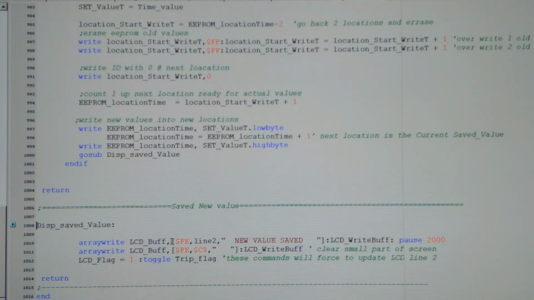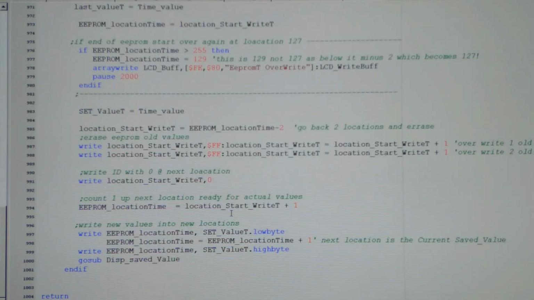That's all that does. And here, to force it regardless of what the LCD flag was set at, I'm toggling the trip flag as well, okay, and the LCD flag equals 1, okay.